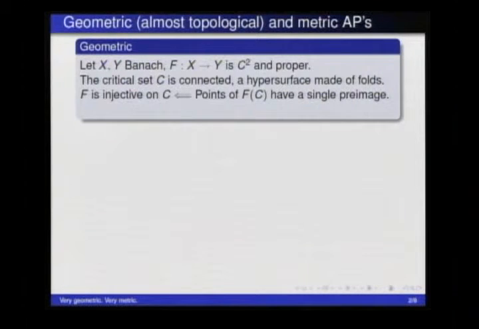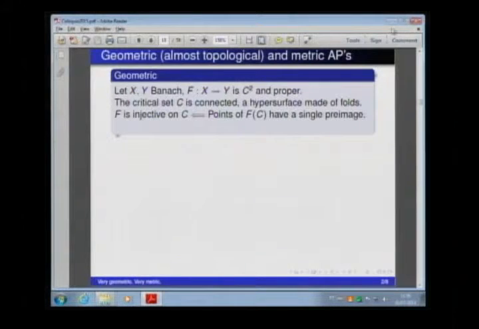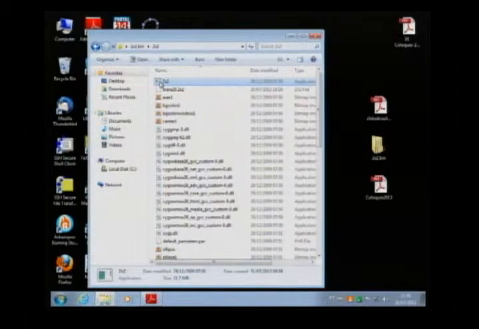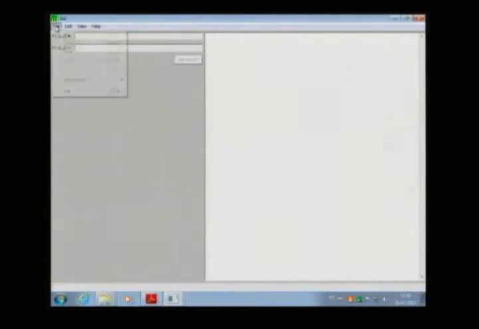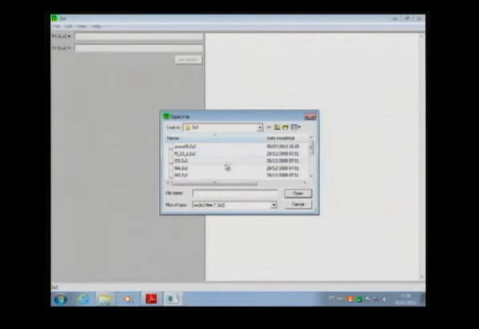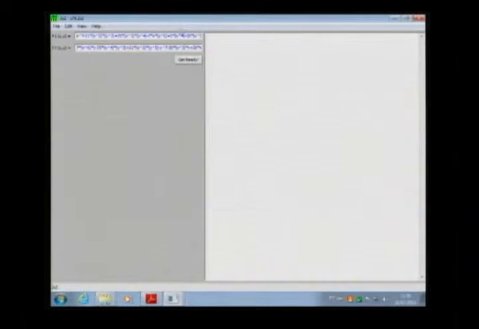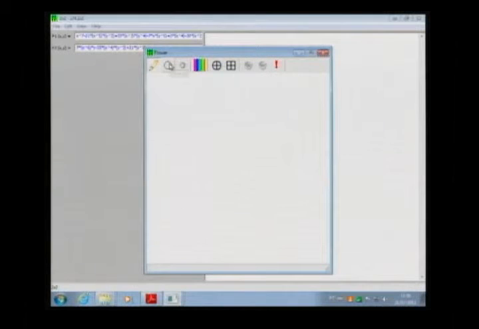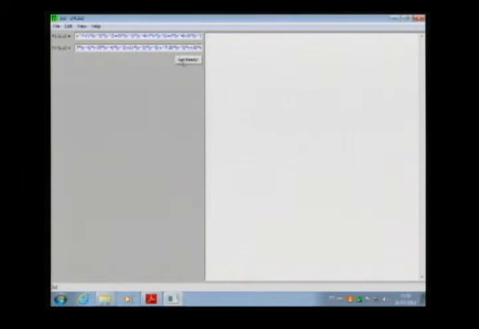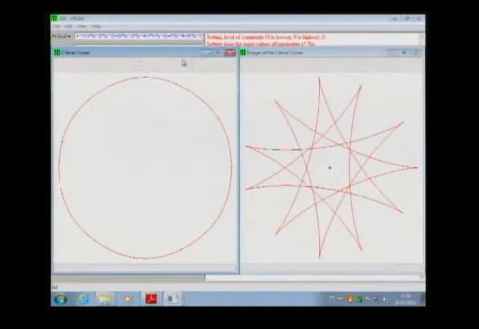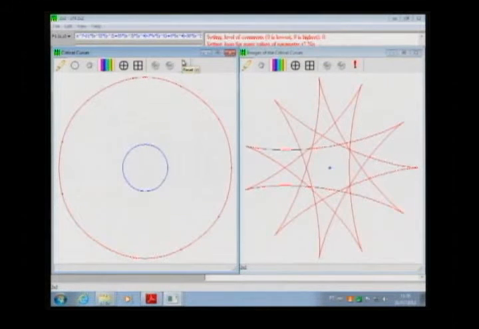Oh, I forgot to show you that. What I want to show you is the following. Those pictures I showed you already, right?